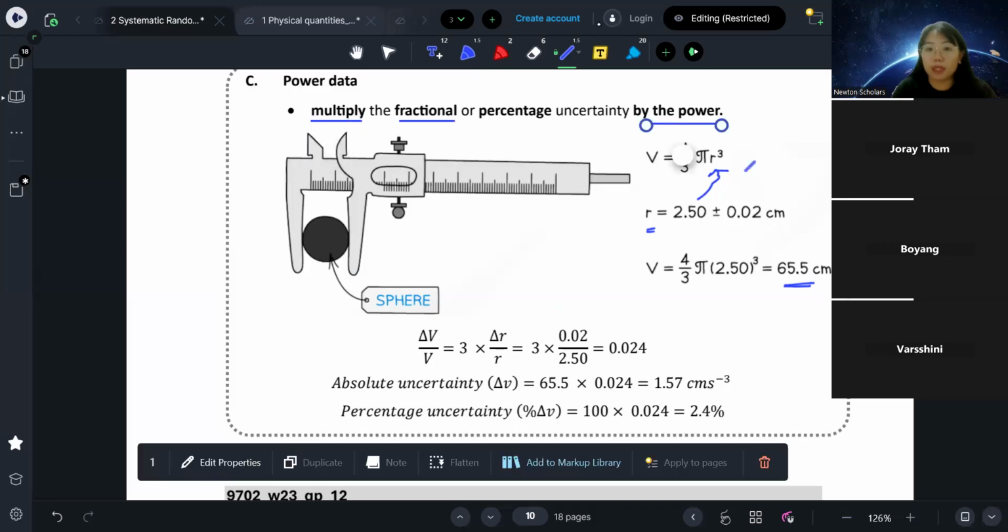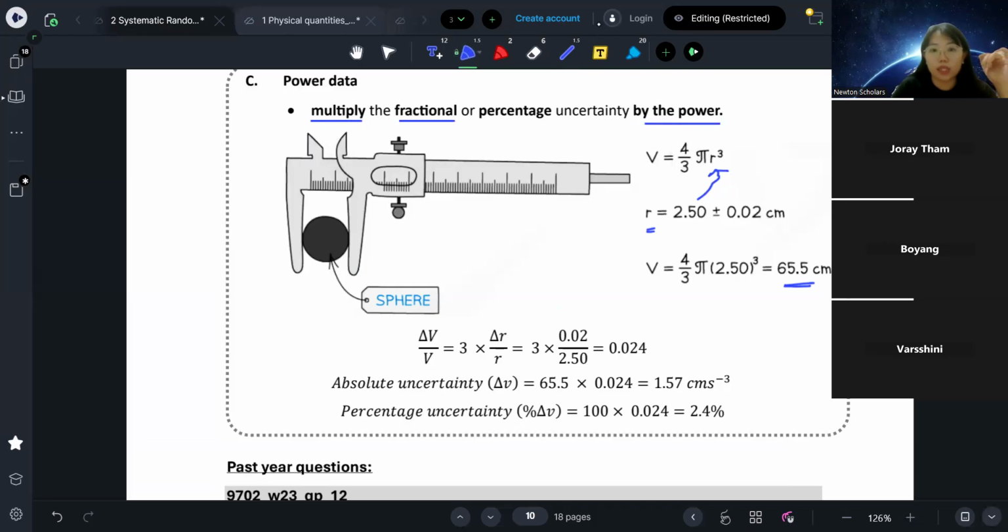Multiply it. What does it mean? You look at this. Just now it is r to the power of 3. So when we calculate the fraction, we move the power of 3, so 3 times the fraction. The fraction is multiplied by the power.